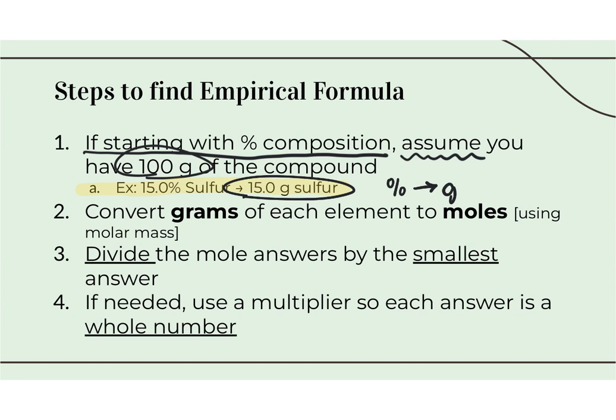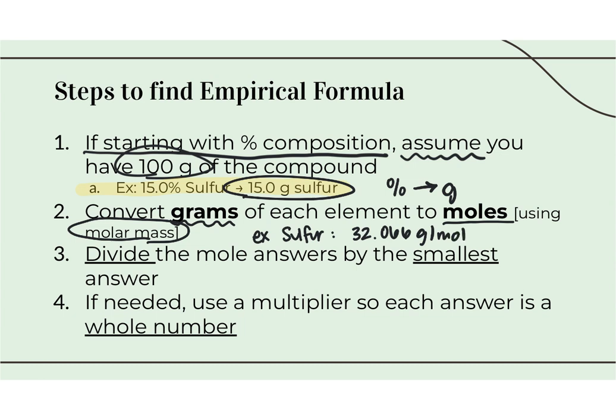Once I have that step completed, I'm going to take those grams from step 1 and I'm going to convert them to moles using the molar mass. Okay, so using what's on the periodic table and seeing what it is. So for example, if we were looking at sulfur, it would be 32.066 grams per mole, okay?